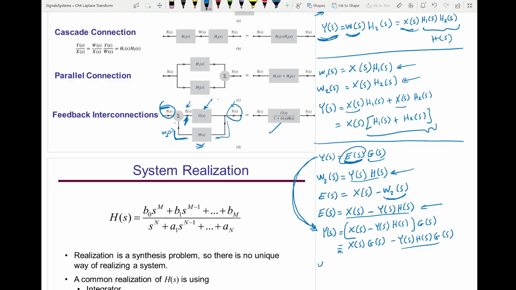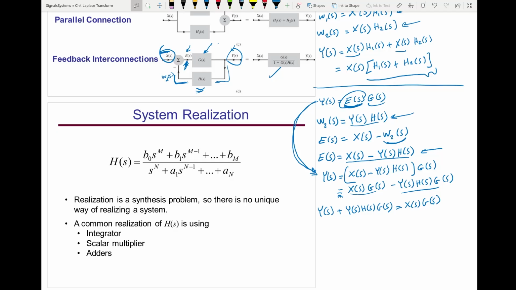So this will be y of s plus this term, equal, only this left after the equal sign. And I can take y of s as a common factor here. So then I will have 1 plus h of s g of s equal, let me just put this as g of s, x of s.